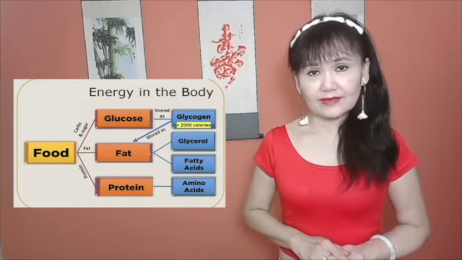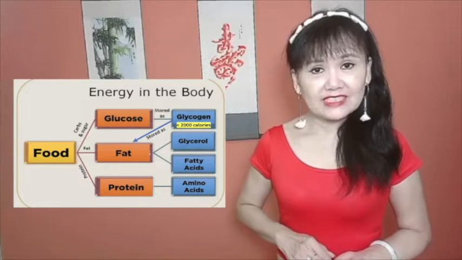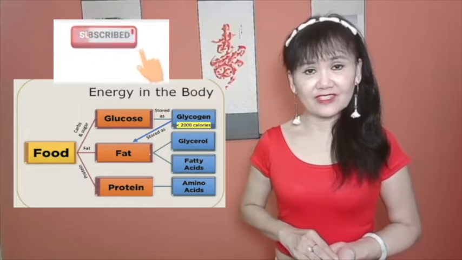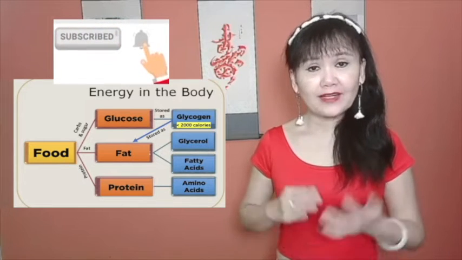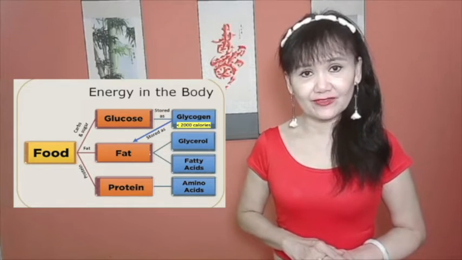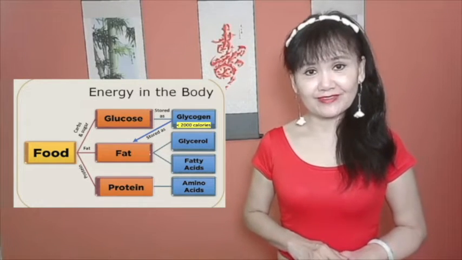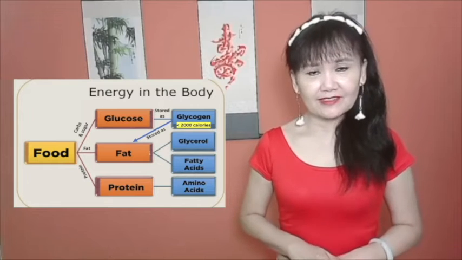In the situation when gluconeogenesis needs to take place, the glycerol will be converted into glucose for the body to use as fuel. Otherwise, the fat will be burned into ketones. We will talk about the protein separately.